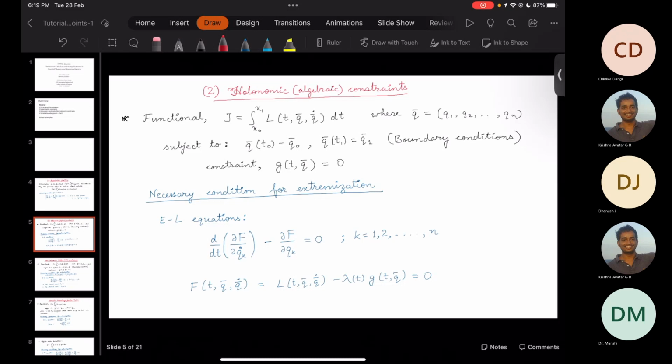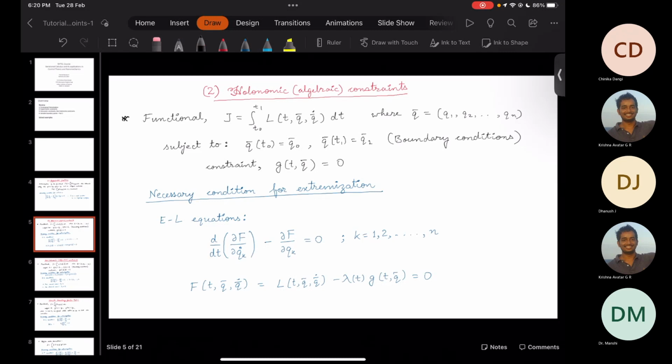Given a functional J defined over the domain x0 to x1, or in this case t0 to t1, of the integrand L, which is a function of t, the q vector, and the q dot vector, where the q vector is a column vector consisting of n dependent variables q1, q2 to qn, subject to boundary conditions at the endpoints: the q vector at t0 is equal to q0 vector, and the q vector at t1 is equal to q1 vector.